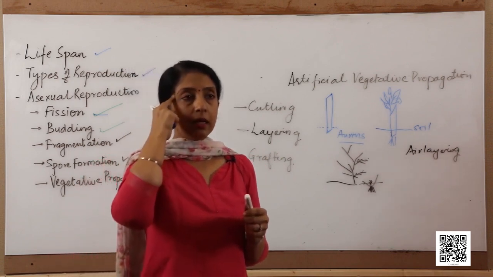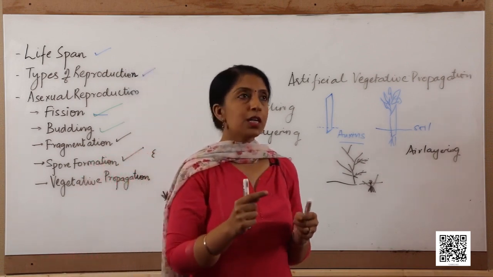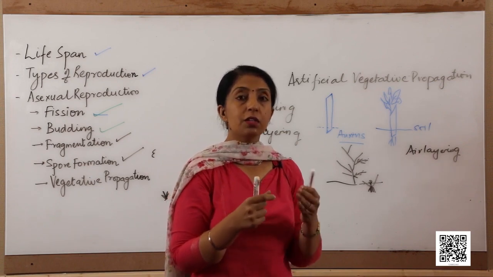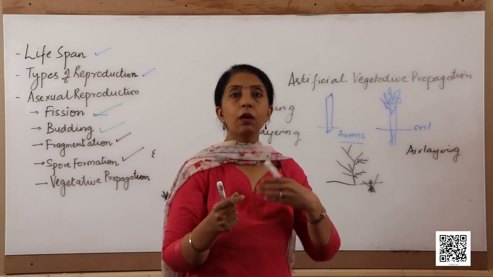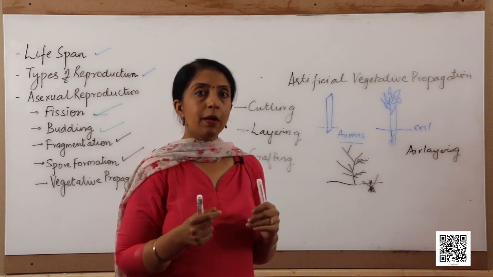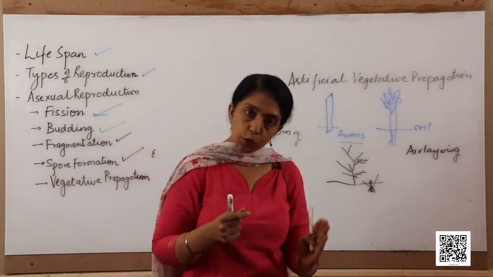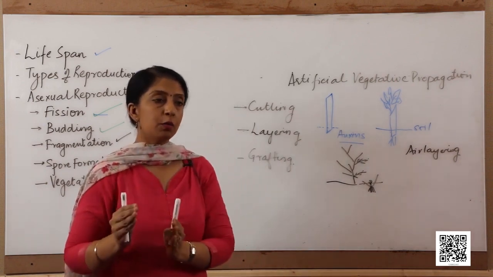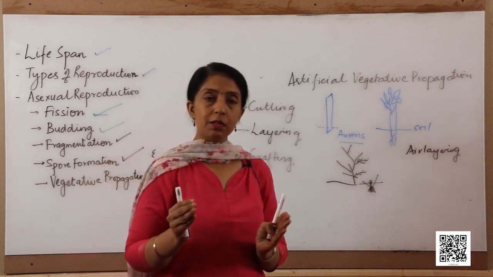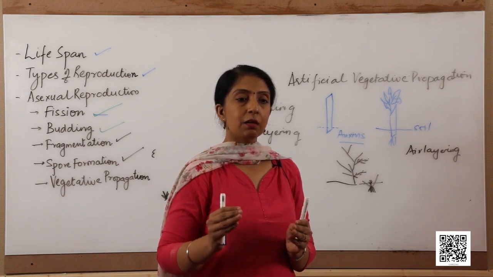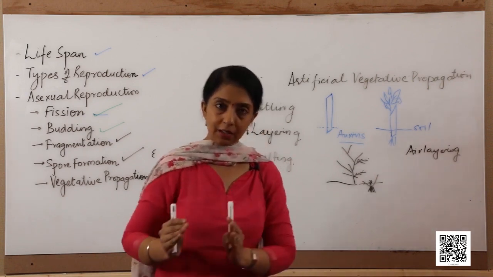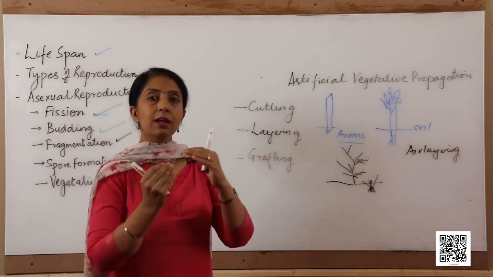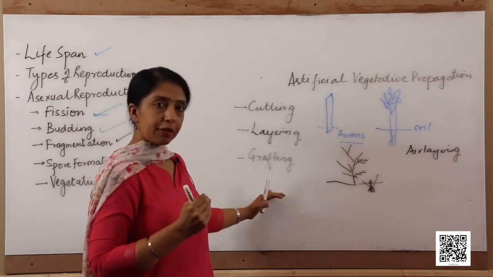That means if there is a plant which is a high yielding variety and yields a lot of fruits or vegetables, the shoot from that plant is taken, and a root of another plant which is probably disease resistant and able to thrive in different environmental conditions is taken. Both their qualities are combined by grafting.